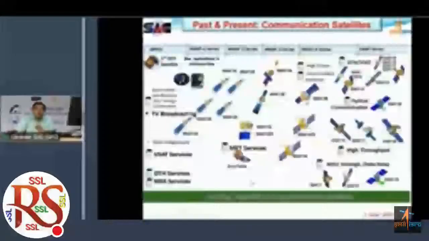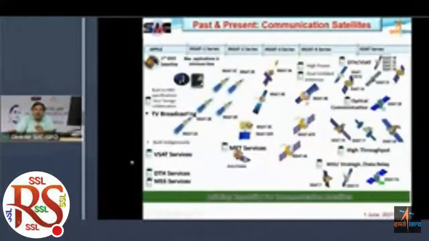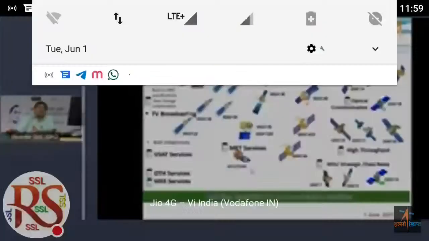So this is the summary of all the satellites which we have built, and they cater to various types of applications. And nowadays we have a new type of satellites because, as you would have seen, there is now a demand for different satellite channels, TV channels. Because any person who gets some money will start his own channel. So that's why the demand for TV channels is very high.